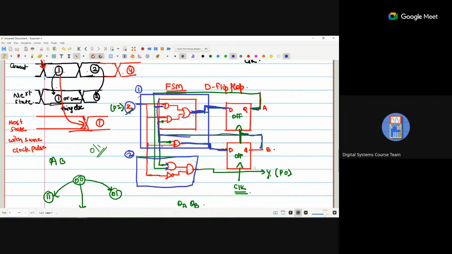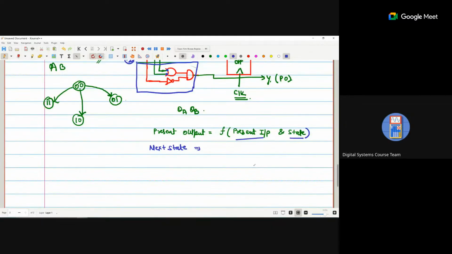So the next state is also a function of the present input and the previous state.